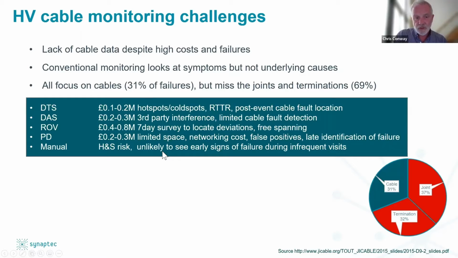A little overview of the conventional technologies that are being used, mostly on export cable, I would suggest today. But as the demand for monitoring and preventative technologies increases, there's much more focus on the inter-array cables.